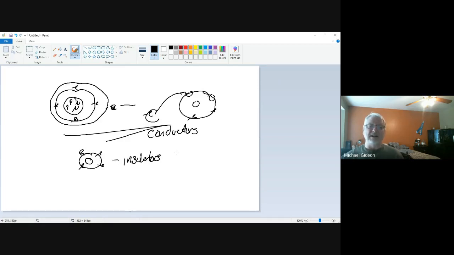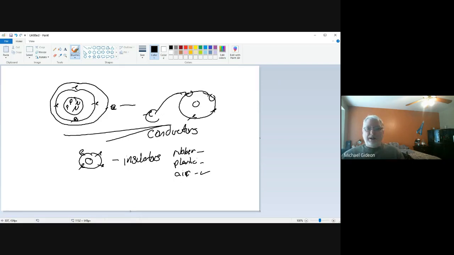Good examples of insulators would be rubber, plastic, air. Air's a conductor, or excuse me, insulator. Not to say that electricity cannot pass through this. Lightning is an example of that, but just kind of an idea.